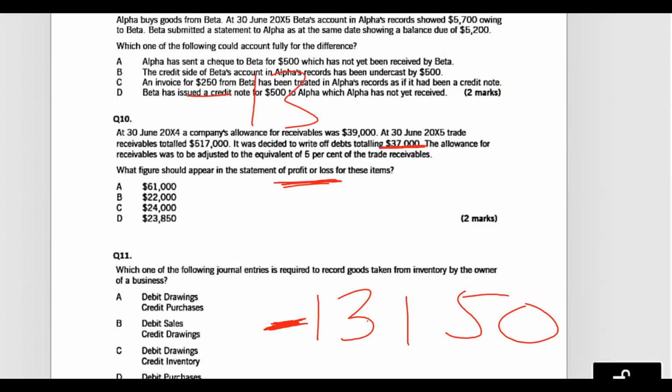Remember, in the profit and loss account, you record expenses, the allowance for receivables plus the bad debt. So we should add the bad debt written off.